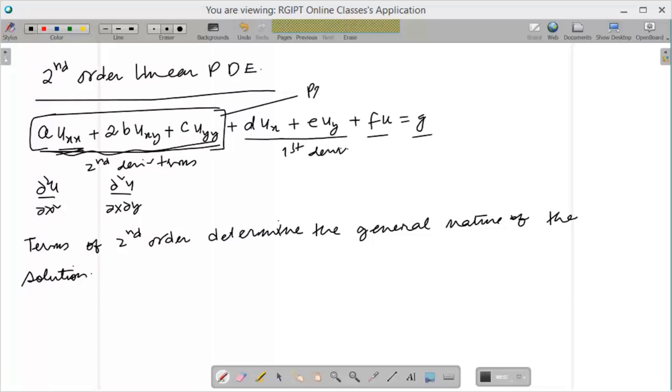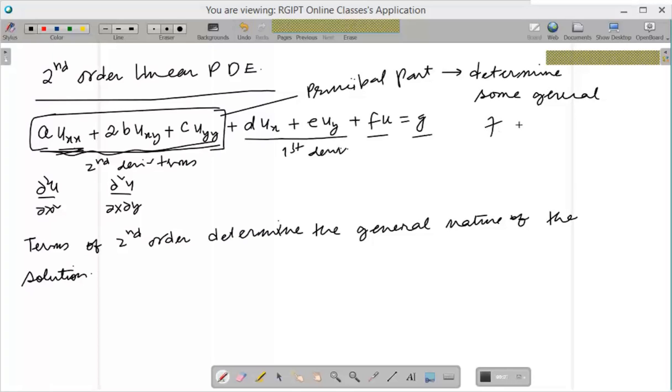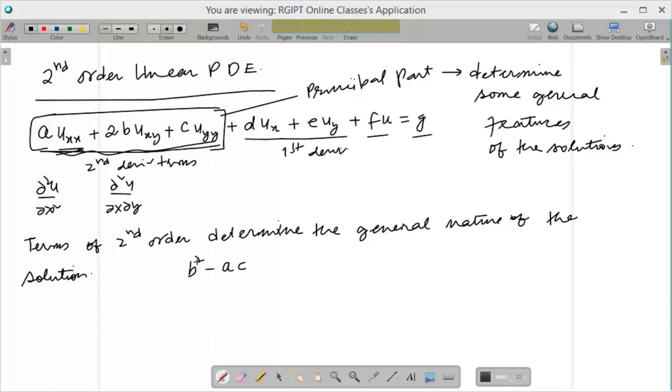So this is called the principal part of the equation. They determine some general features of the solutions. I'll first tell you the result. There's a quantity which is given by b square minus ac.